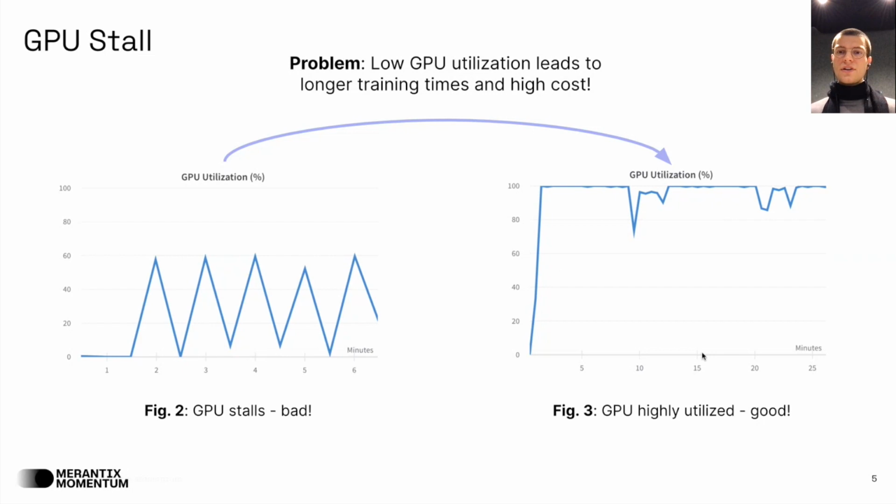On the right here in the graph, you can see a good GPU utilization. Usually you want it between 80 and 100% or so. There will be the usual down spikes here, for example, when you switch data loaders, or when you switch from training to validation or something like that. But this would be a much higher GPU utilization that you actually want.